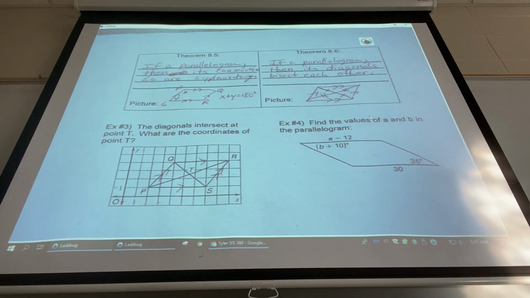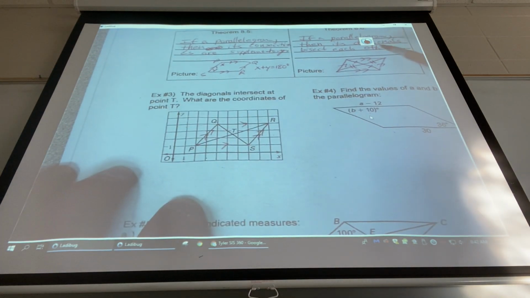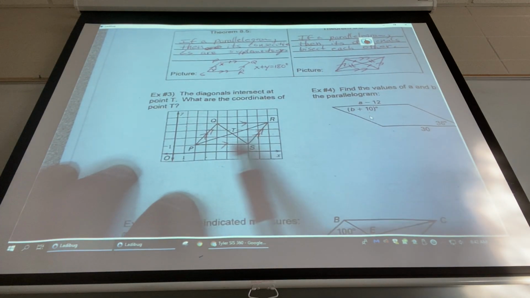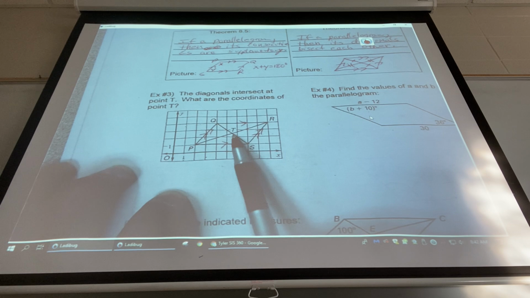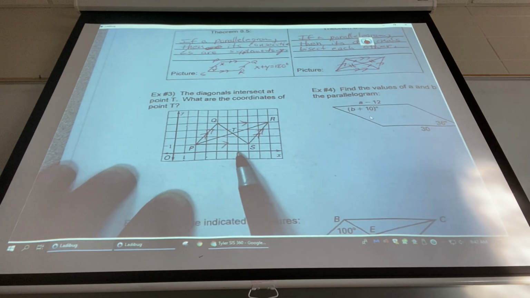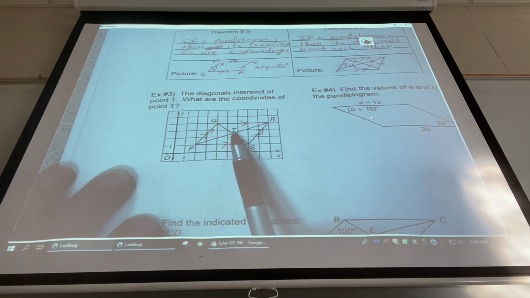We just learned that if it's a parallelogram, the diagonals bisect each other. But how does that help us get the coordinates of T? I could guess at it, and I'd probably guess right. Doesn't it look like it's at 5.5 over, 2.5 up?